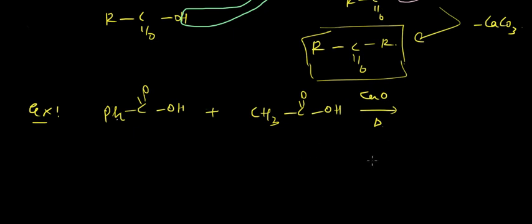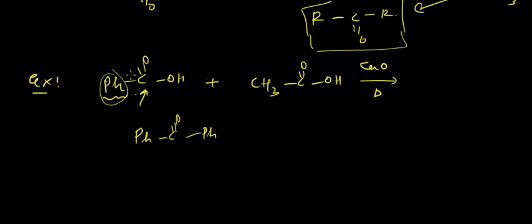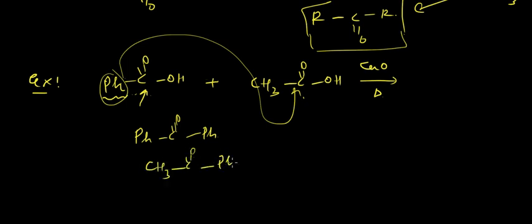So how many products would be formed? One thing is that CO3 gets removed from this carbon atom as CaCO3, and this Ph gets attached to itself. So we'll get something like this.